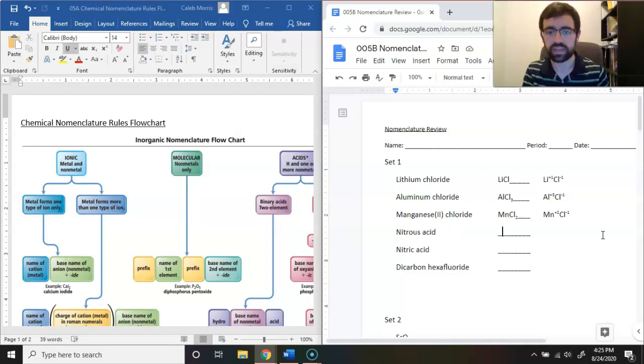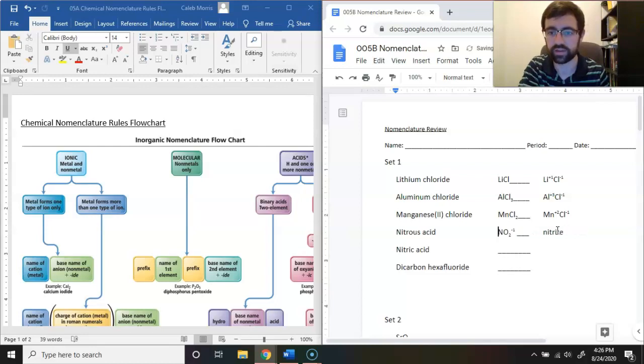So I'm going to replace that OUS with ite. Nitrite. Okay, so I'm going to find nitrite on my polyatomic ion list. Nitrite is NO2, and by the way, it has a -1 charge.